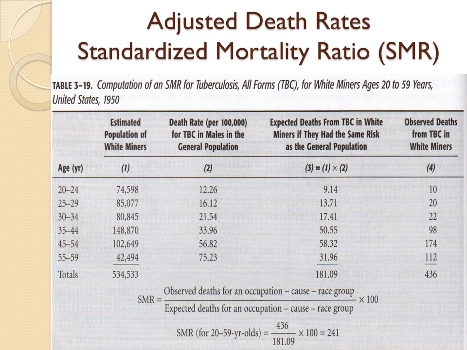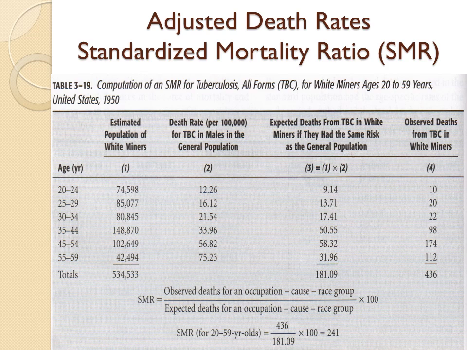SMR compares the mortality in a study group, for example a specific occupational group like coal miners. If the SMR value is more than 100, then the occupation carries a greater risk of mortality than the whole population. On the contrary, if the SMR is less than 100, then the occupational risk of mortality is proportionately less than that of the whole population.